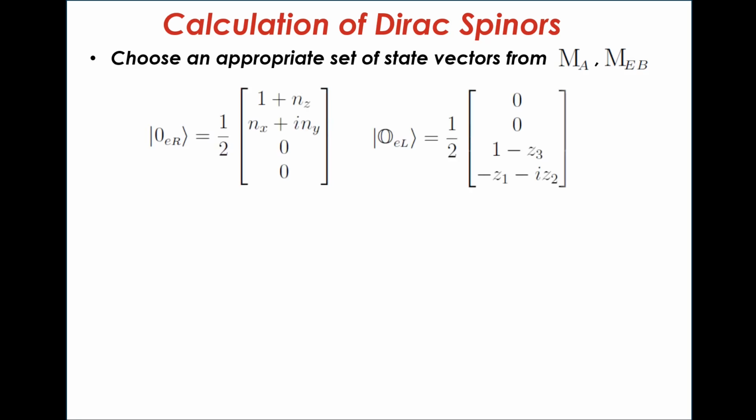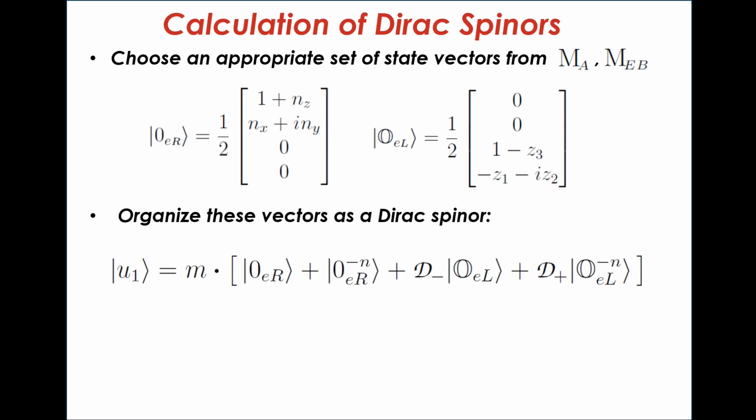We are now in a position to use our state vectors to calculate Dirac Spinors. Begin by appropriately choosing one state vector from the potentials and one state vector from the fields. Then introduce the particle mass m and organize these vectors into the Dirac Spinor U1.